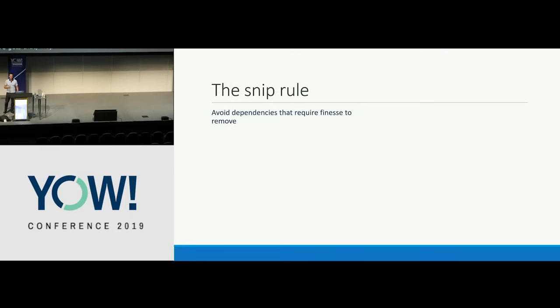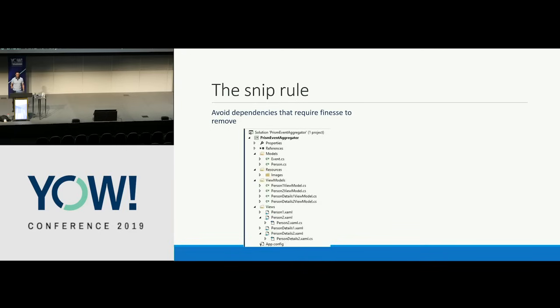So, change is hard. One guy I worked with had a thing called the snip rule. To me, this is a great indicator you probably have a good design. Here, due to technical division of technical responsibility, if I wanted to delete person 1, because I've decided that's deprecated, we're going to use person 2 now, whatever that means. What do I go and delete?